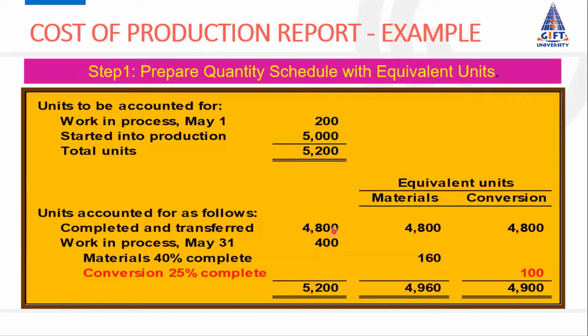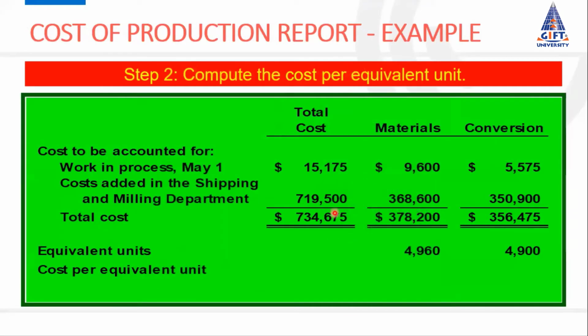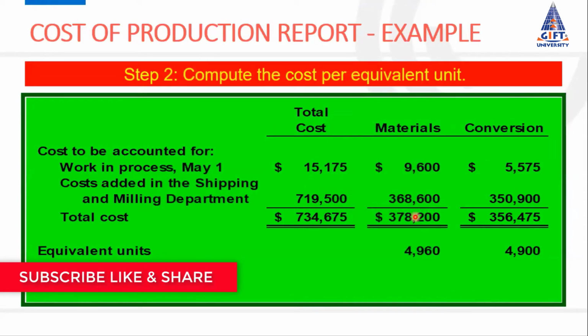But the 4,800 units include those 200 units which were started in the previous period and were partially completed. When we do work on these units, automatically they will be completed first, but we haven't shown them separately; we have combined them with these units. That's the logic why we add them with the current period production, and likewise their cost is also added with the current period production cost.